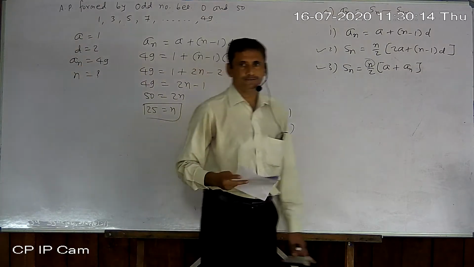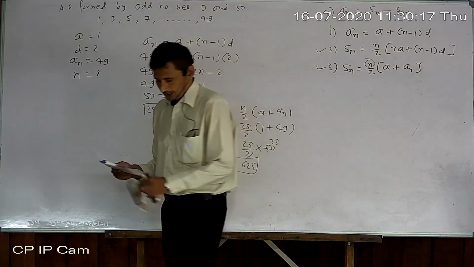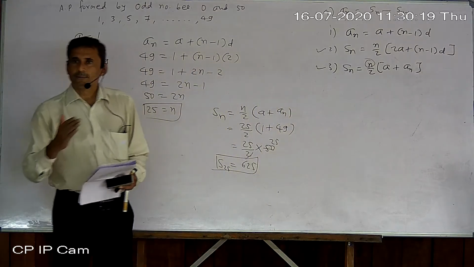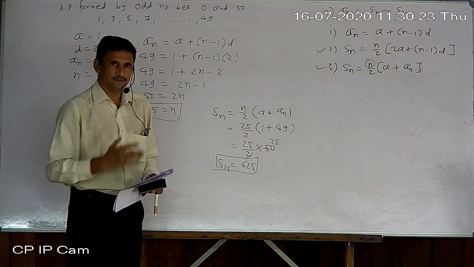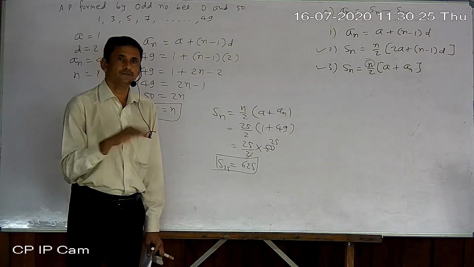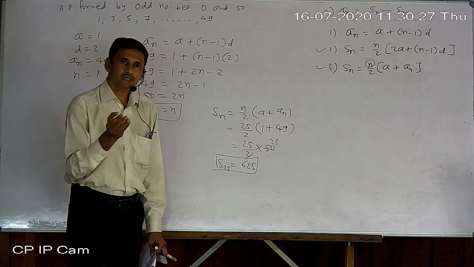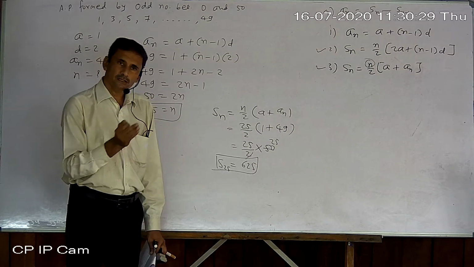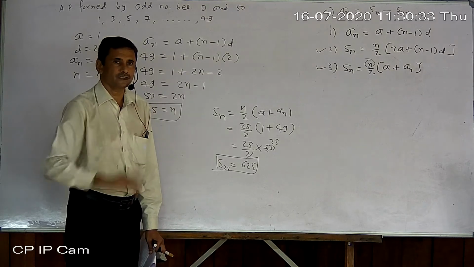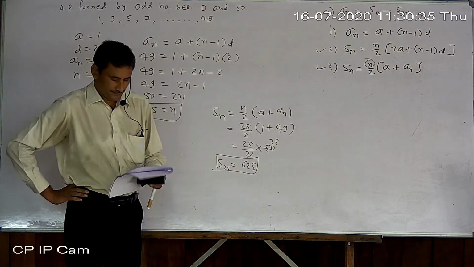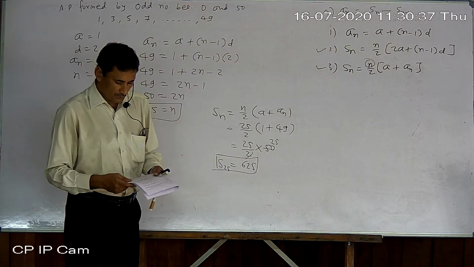So you understand? Suppose that the deadline was 15 July, and he did not complete on that day. If he completes one day late, they have to pay rupees 200.